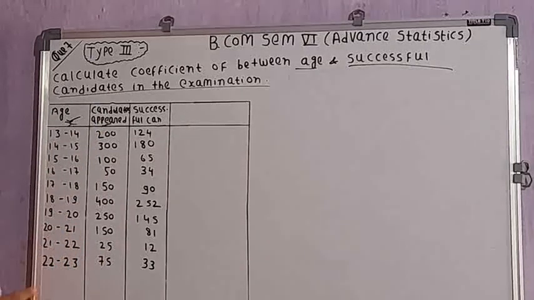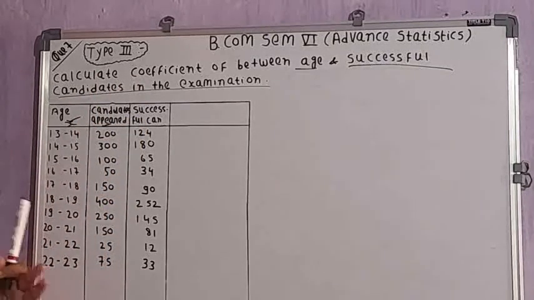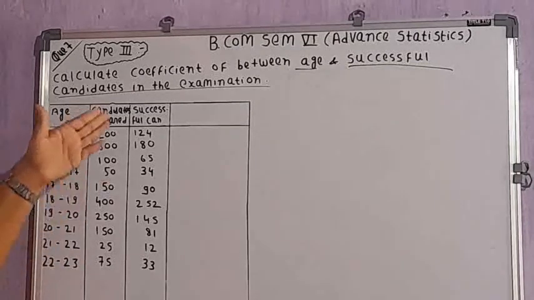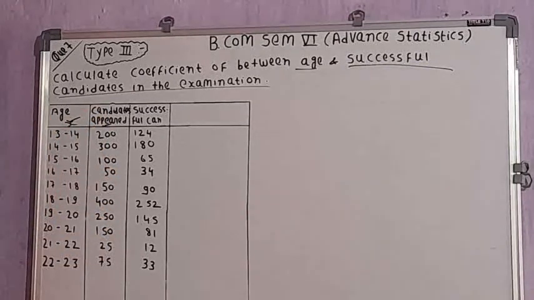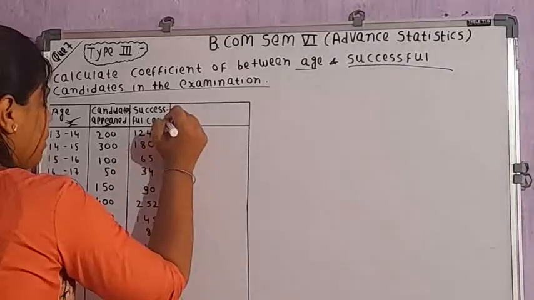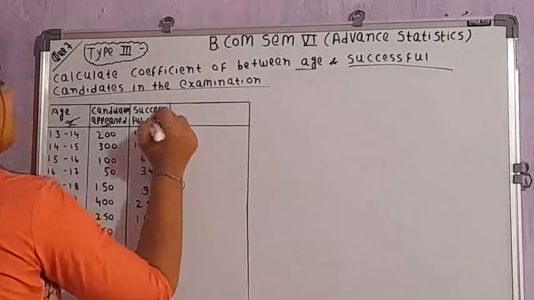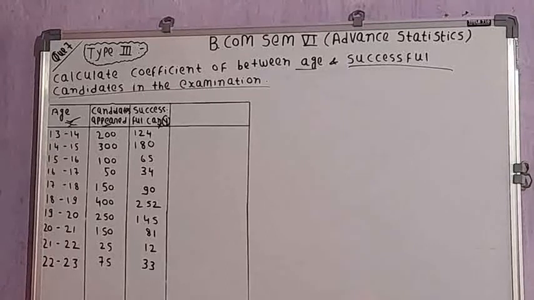Here we have been given candidates appeared and successful candidates. Many times we get confused and consider that the successful candidates given here is the Y series, but it is not the Y series. It's wrong. Why?